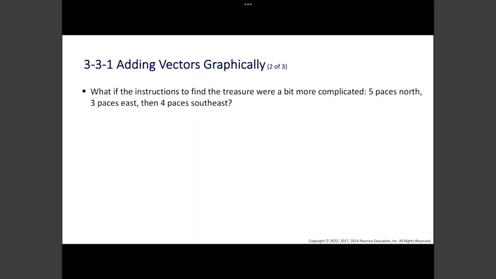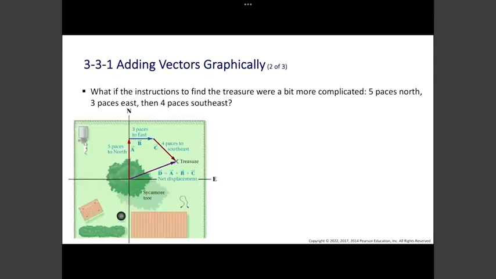Now, what if the instructions to find the treasure were a bit more complicated? 5 paces north, 3 paces east, and 4 paces southeast, for example. So the path from the tree to the treasure would be like that in this figure.